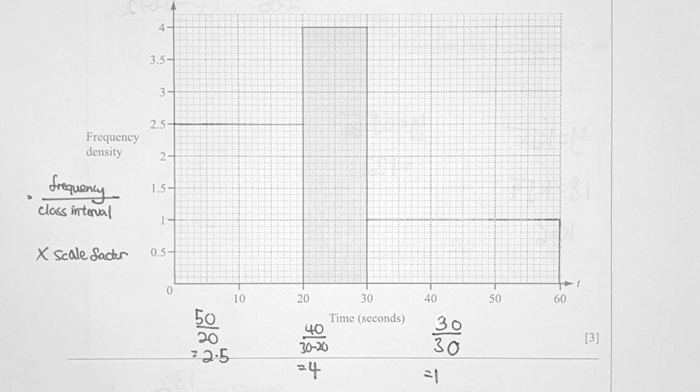Use their frequency, divide by the class interval to check whether there's a scale factor involved or not. The direct result is 4, which is indicated in the graph, which means the absence of a scale factor. So just run the calculation for the remaining values. You should be able to draw it as 2.5 and 1 respectively.